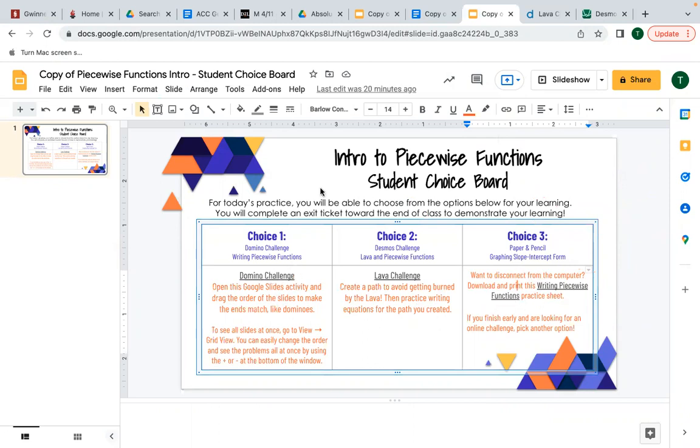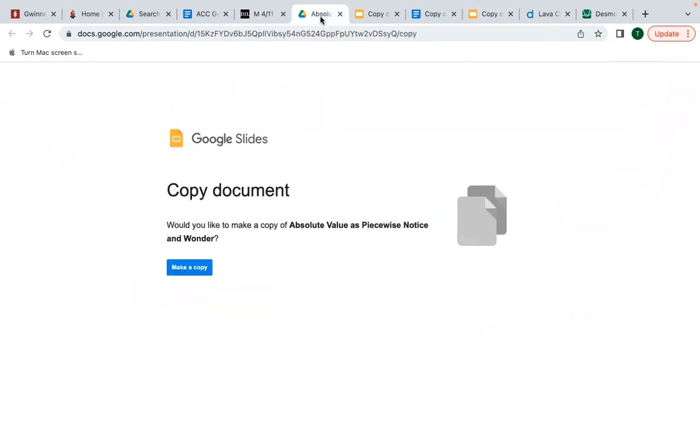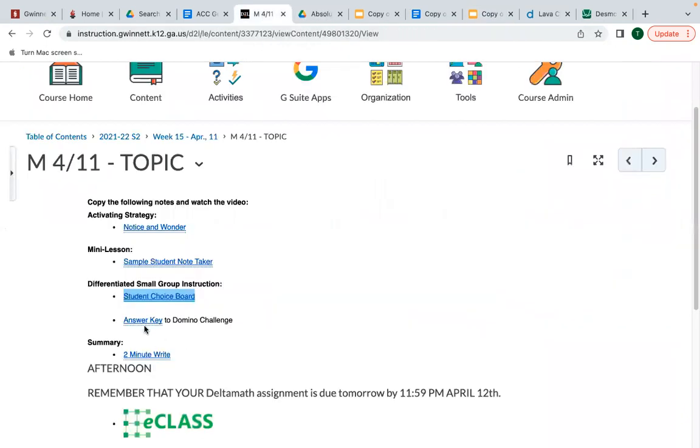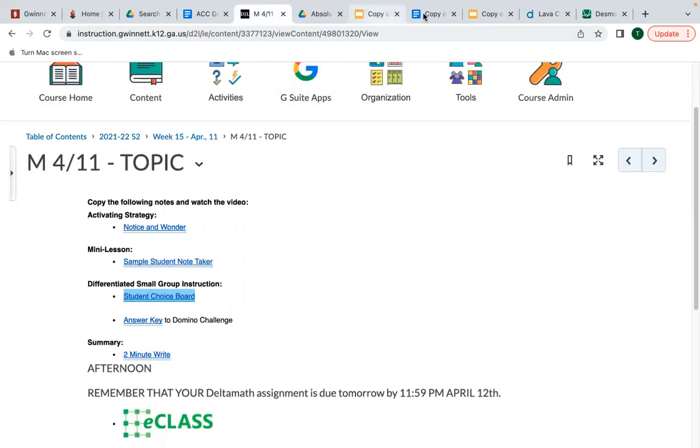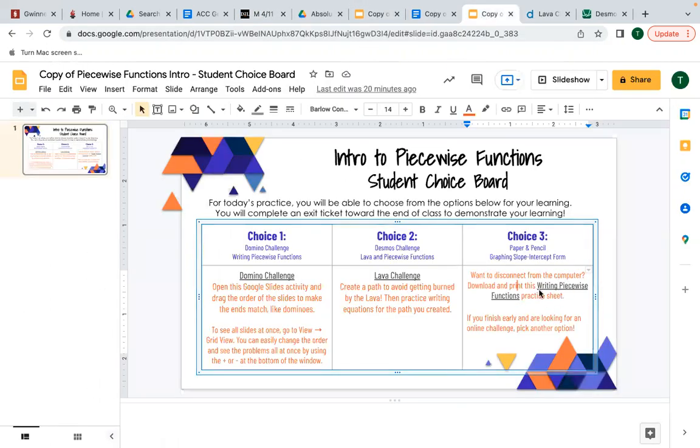Now on the domino challenge, I have included the answer key right here, just for you to be able to make sure that you understand this stuff. Okay, there's also a Desmos activity if you'd like to complete it. That's the lava challenge. There's 7 little slides. Or you can just work on your piece of paper and complete by writing piecewise functions.